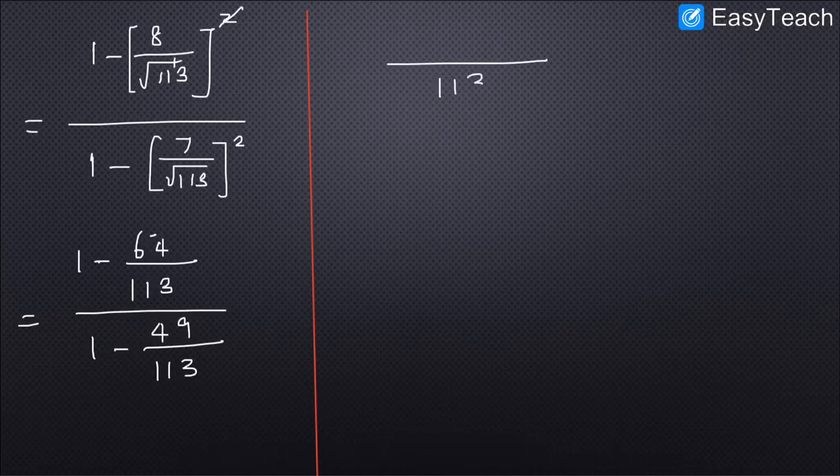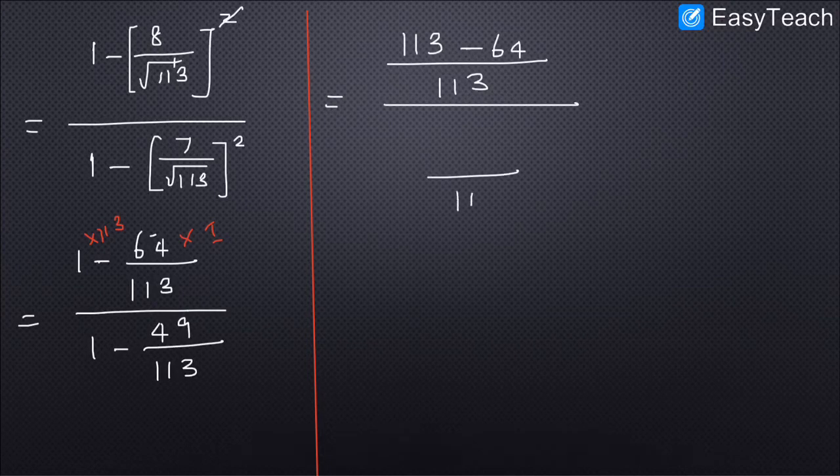So in this part I take the LCM. What is the common denominator? 113. So here I multiply with 113, and here I multiply with 1 by 1, 64. This is on the numerator. The bottom is the same, 113 as LCM, so here I multiply by 113, and here by 1. So 113 minus 49.